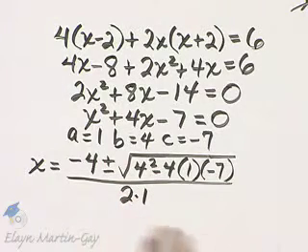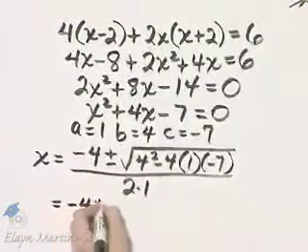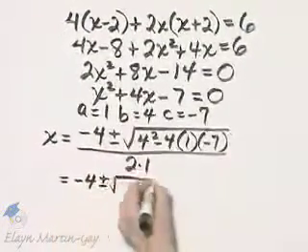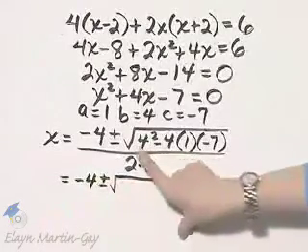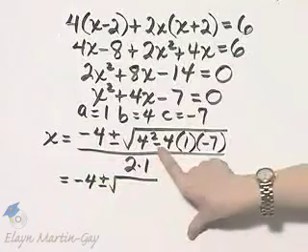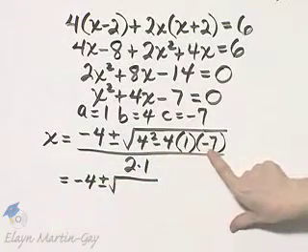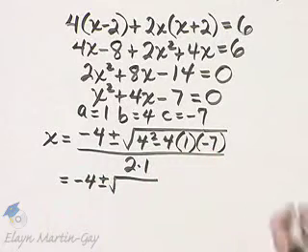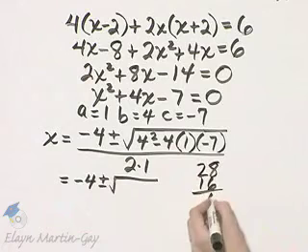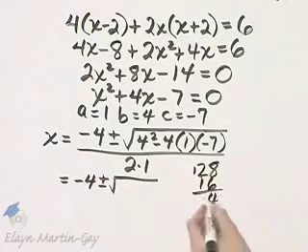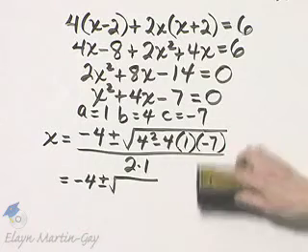And now let's simplify. We have negative 4 plus or minus the square root of, let's see what we have. We have 16, and then notice this is negative 4 times 1 times negative 7. That is a positive 28. What is 28 and 16? That is 44 under the radical.